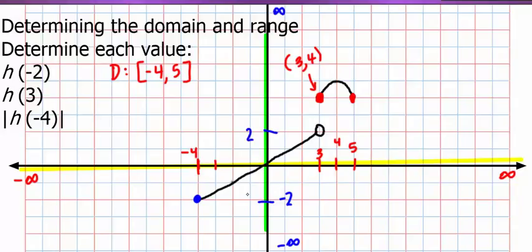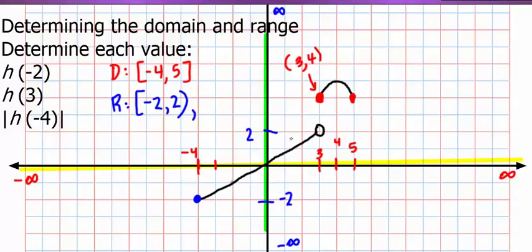So from negative 2 to positive 2, as this segment increases, I get to an output of 2 that is not included. So my range starts at negative 2 with a bracket because negative 2 is a definite output, and it goes to positive 2, but it does not include positive 2, so that's a parenthesis.